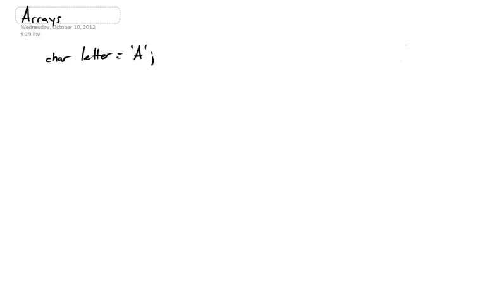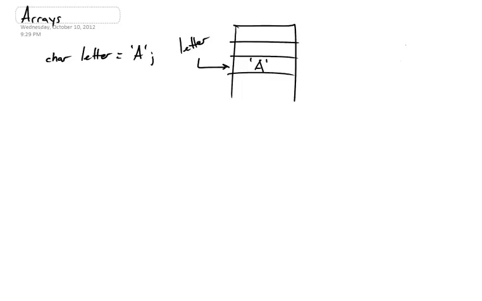In memory, at some location, you're going to stick a capital A there, without the quotes, obviously. I'm just putting it there so you know it's a character, not anything else random. And you're going to have a pointer named letter for your compiler to know where you put that value.